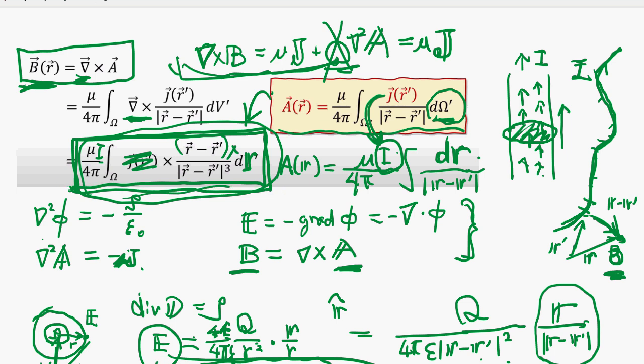So E is much easier, B is a little more complicated, but it's basically the same thing. Vector potential, scalar potential. This potential function, you just take a derivative. For the scalar potential, you take a gradient to get the E. Vector potential, you take a curl derivative, then you get the B. Okay, so that's what the Biot-Savart equation is about.